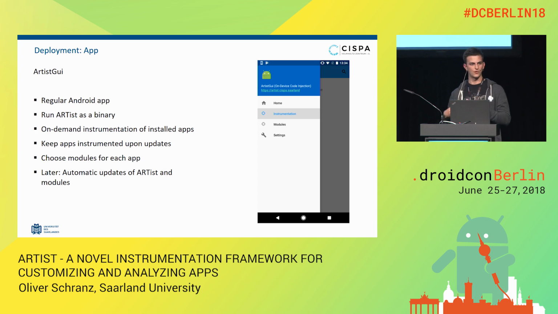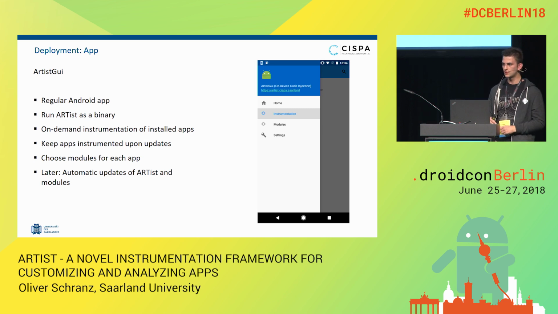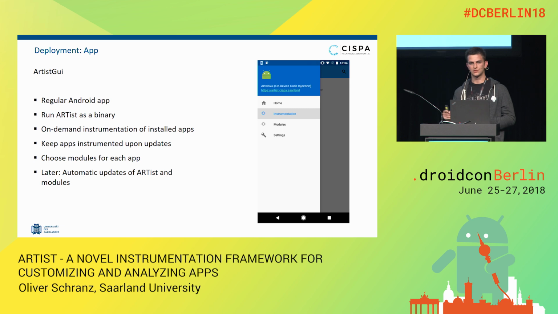So we use ARTist GUI, and people can just select applications they have installed, click on instrument, recompile, whatever, and then in the background we execute our ARTist framework. Now we have a new OAT file and the original one that the system generated, and we hot swap this. After that, the application that will be run will be the new one. And as I said, you can revert this at any time.